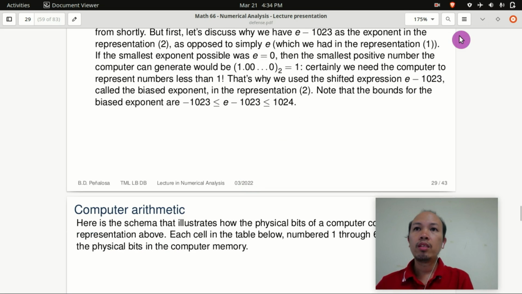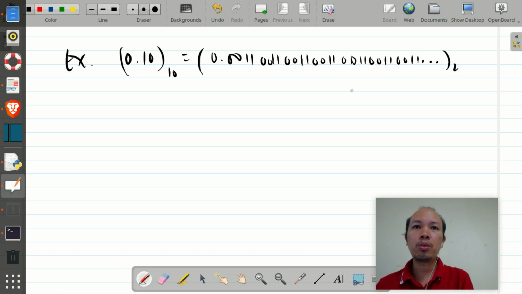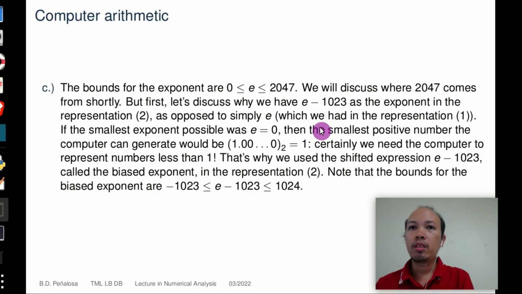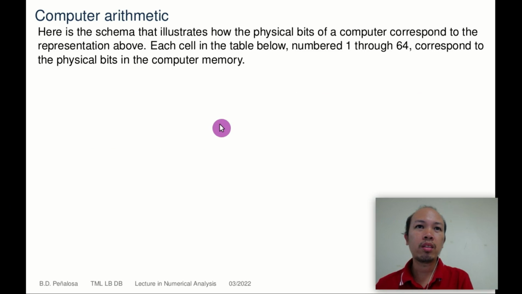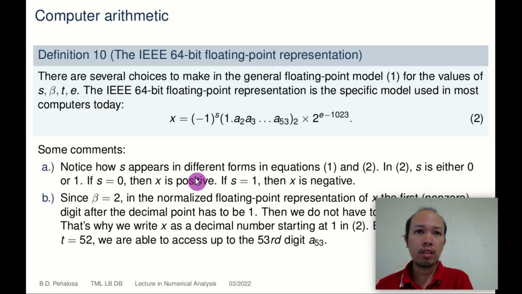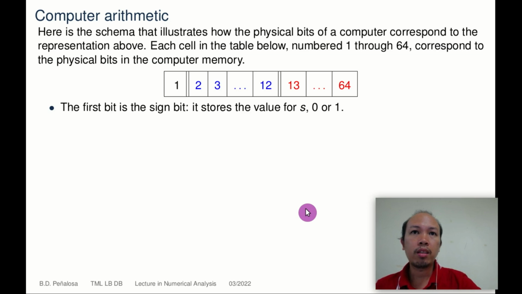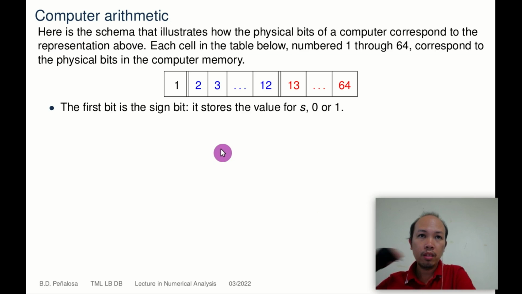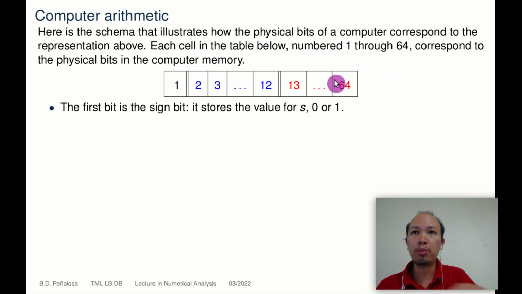So let's proceed to the diagram. Notice that in our discussion, this is a 64-bit floating point representation. In my case, I am using a 64-bit operating system. Here is the scheme that illustrates how the physical bits of a computer correspond to the representation above.